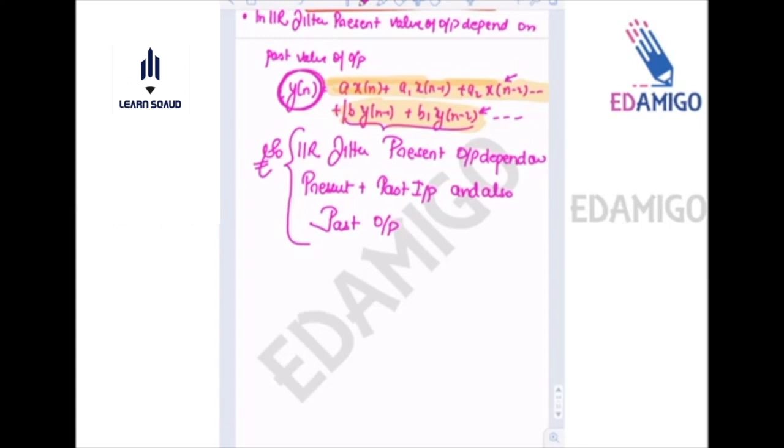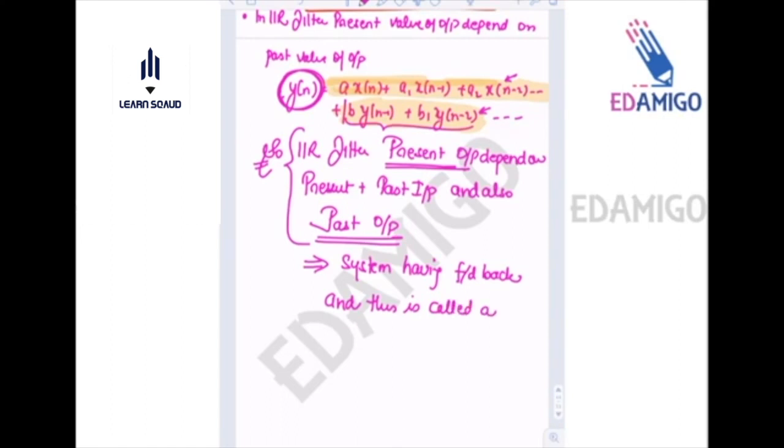Since the present output is depending on the past outputs, this is called a system having feedback, and this is called a recursive system.